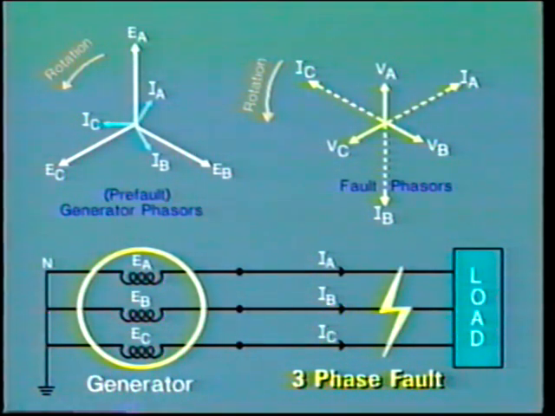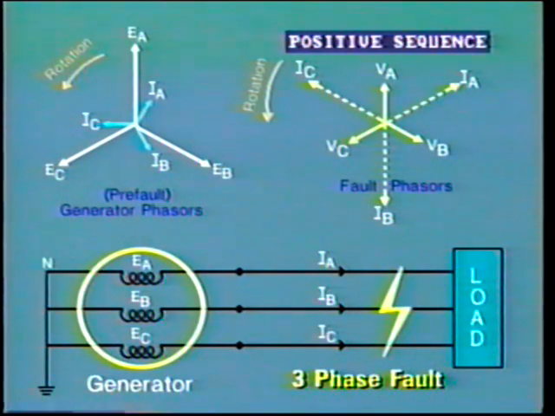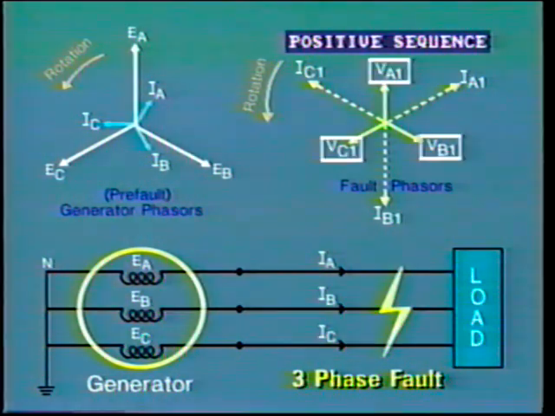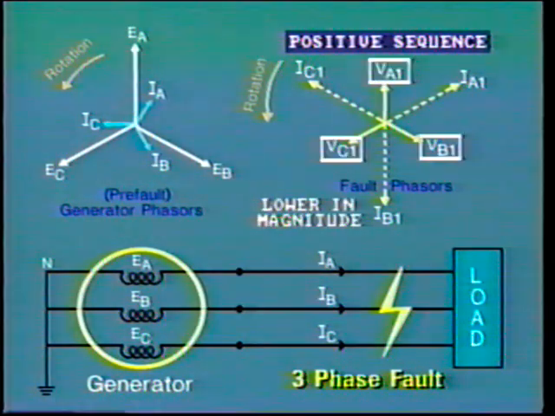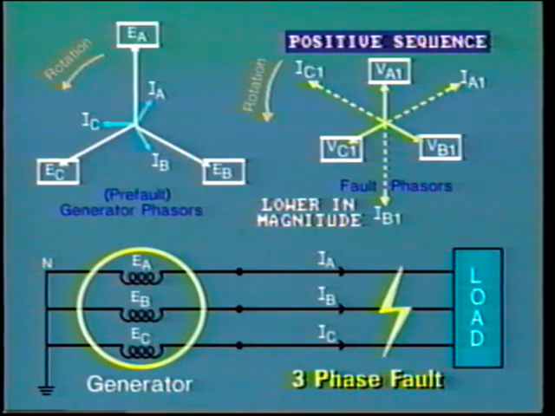This balanced condition is known as the positive sequence, and it is identified by the symbol 1. Clearly, the positive sequence voltages VA1, VB1, and VC1 at the fault will be lower in magnitude than the source voltage E due to the greatly increased current flow and consequent increased voltage drop.